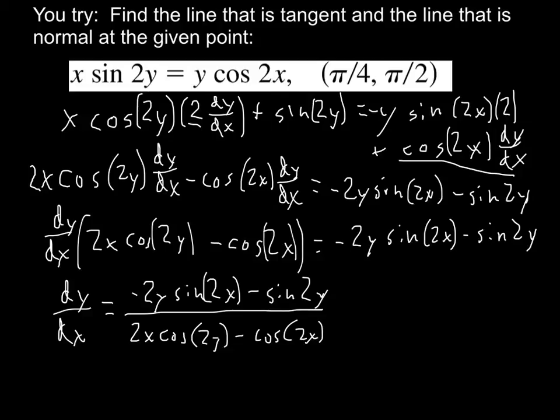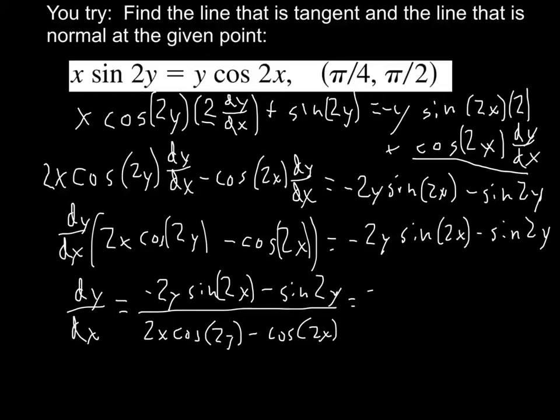So let's see, this equals negative 2 times pi over 2. The 2's cancel, so just negative pi times the sine of 2x. Well, 2 times pi over 4 is pi over 2.